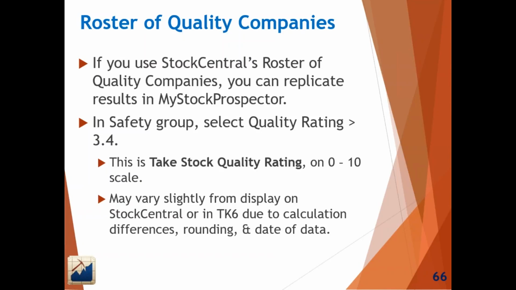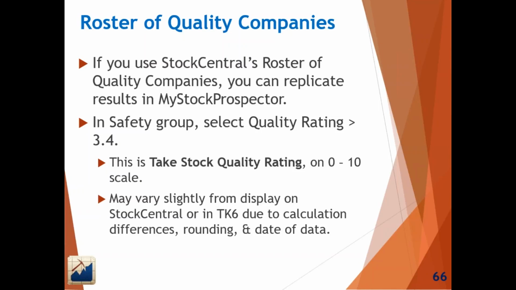This is, again, trying to identify stocks that meet the criteria to look good on page 1 of the SSG and section 2A, the pre-tax profit trend of the SSG. But we include the quality rating, the Take Stock quality rating in My Stock Prospector. It's on a 0 to 10 scale. What we consider for the roster quality is simply companies with a quality rating of 3.4 or higher.